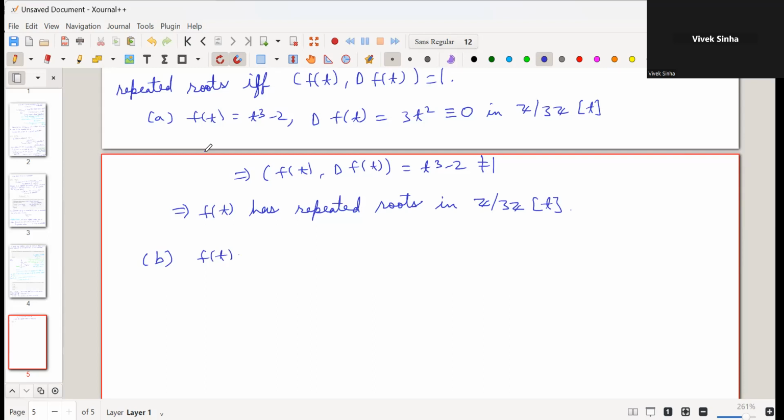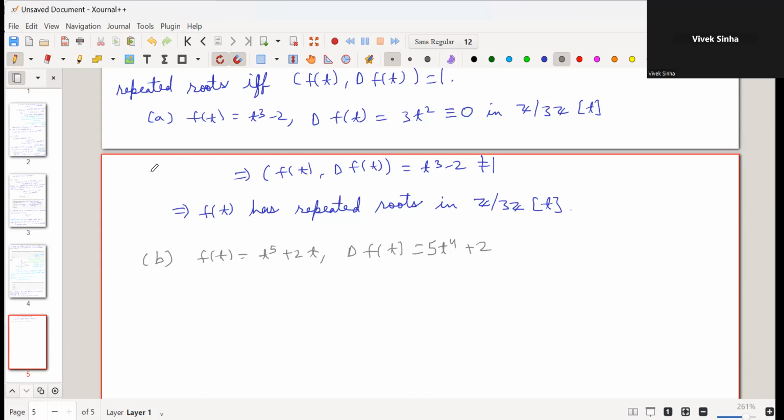f(t) is t5 plus 2t. And what is the derivative of f(t) then? This is nothing but 5t4 plus 2, right?